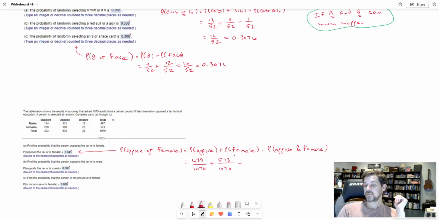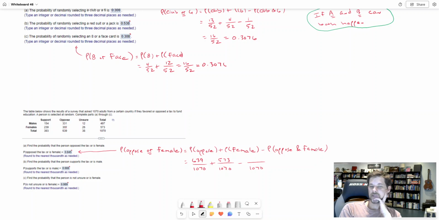So I've got the odds of picking somebody at random that opposes, the odds of picking somebody at random that is female, and now I've got to subtract the odds I pick somebody at random out of this group that opposes and is female. It's going to be something over 1070: however many people in this group both oppose this tax and are female, divided by 1070.